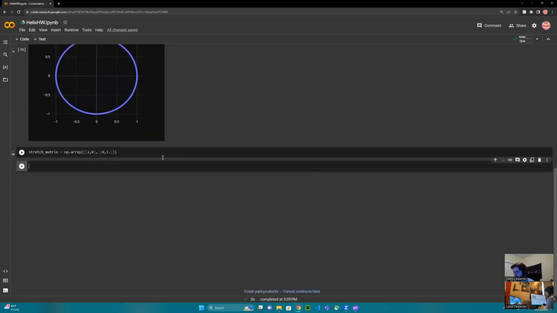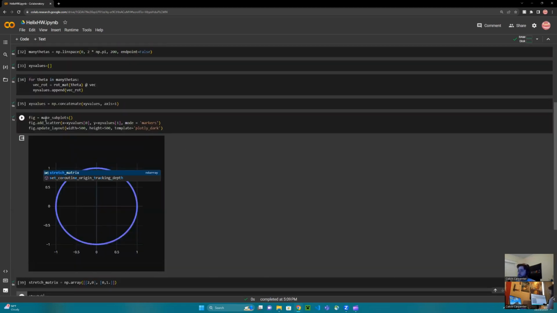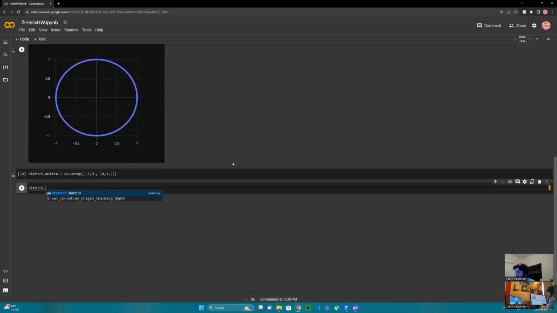Okay, and then we're going to stretch our XY values. So stretch XY values is going to be stretch matrix vector multiplied with the XY values.